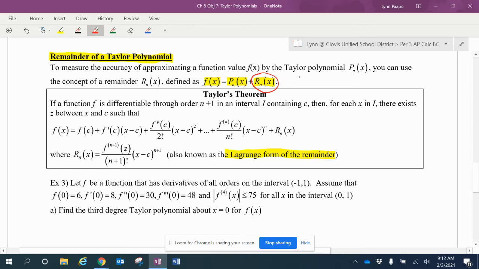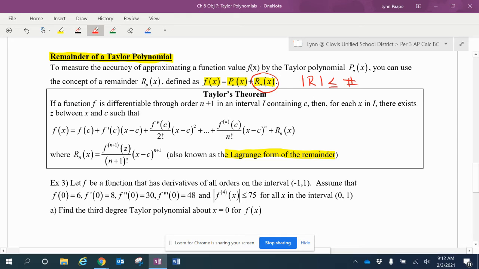So our remainder will be like, just like we have here. Whatever our error is, our remainder will be less than or equal to some number value that we'll create and find. Okay, so we won't know exactly what it is. We'll just be able to come up with some sort of upper bound for it. And the more accurate we are for our remainder, the more we can say how accurate our actual function is.